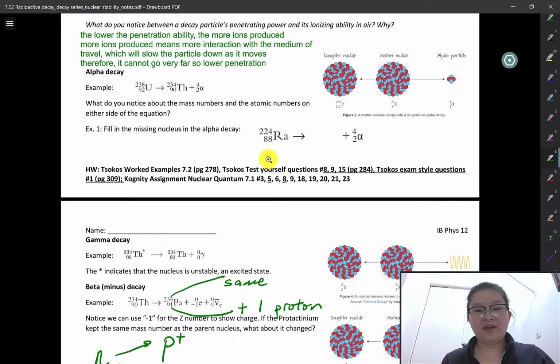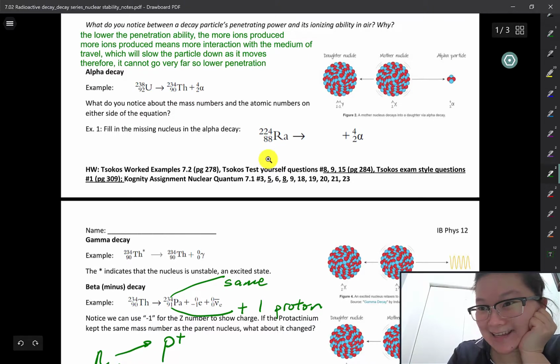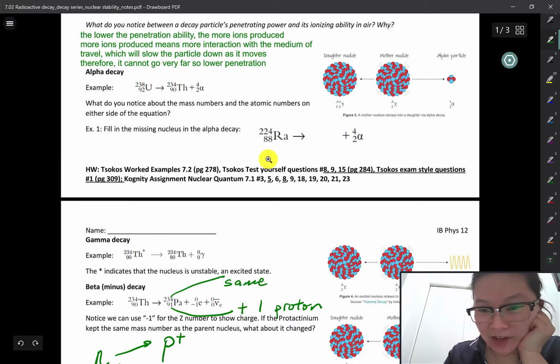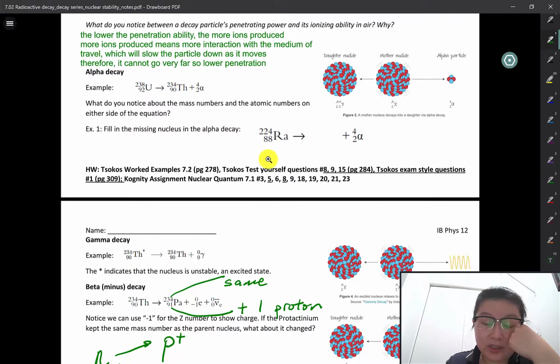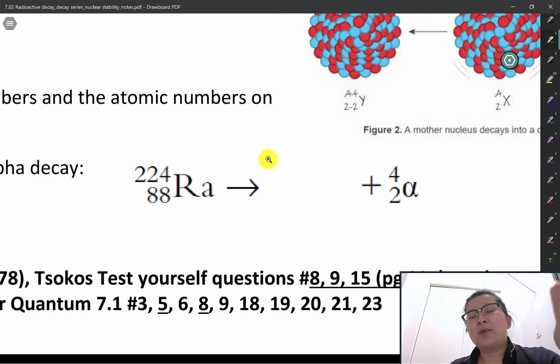So here we have an alpha decay, and it looks like the alpha particle is shown. We just need to find out what the missing nucleus is after the decay. To do these type of questions, essentially the atomic mass has to be conserved, as well as the atomic number.